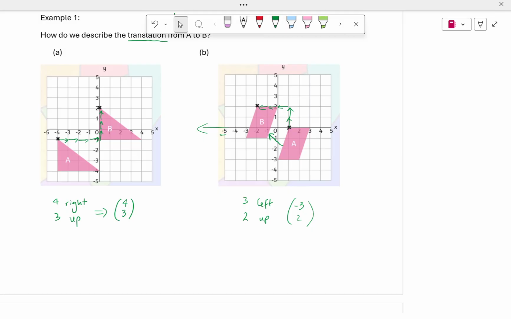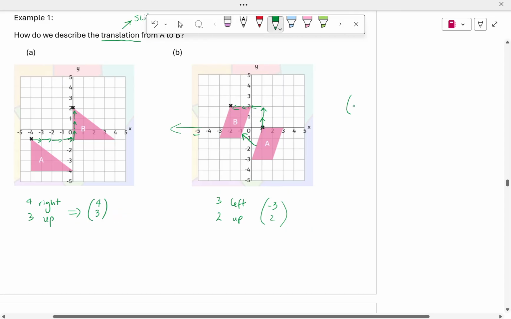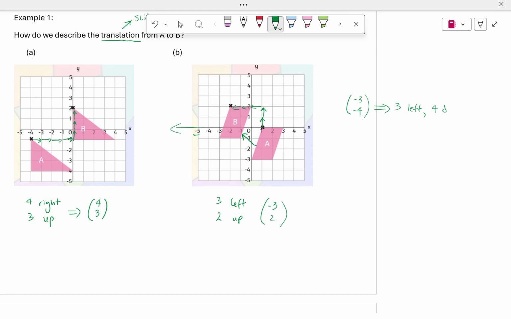Just over on the side, if I were to write something like (-3, -4), how would I describe that? I would say this is 3 left, and the -4 represents 4 down. Okay, let's do another one. If we have something like (5, -2), that's represented as 5 right and 2 down.